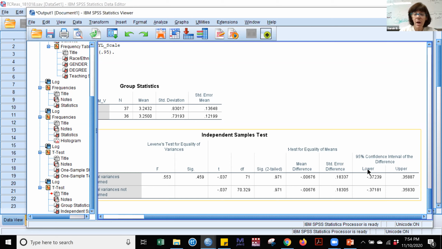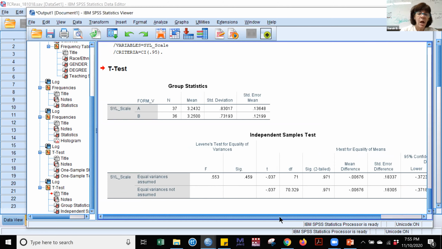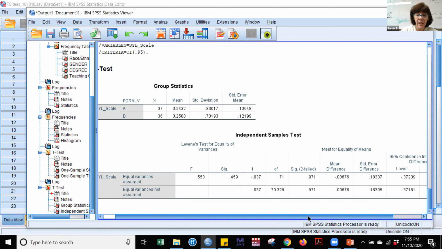And even probable differences like negative 0.37 and 0.35 are not great. And so you retain the null hypothesis in this case, and you fail to achieve statistical significance.